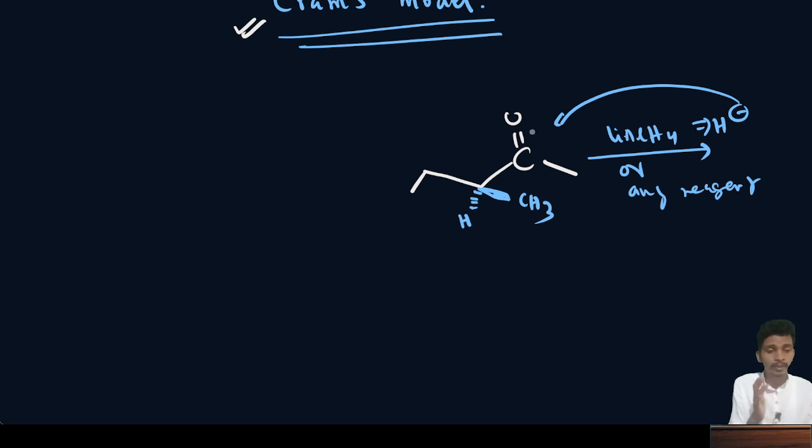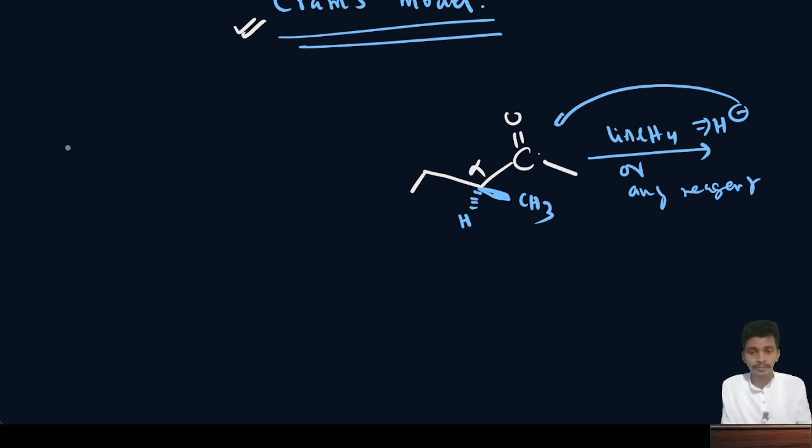Now for Cram's model, what does it say? If these groups are there at the alpha position and stereochemistry is mentioned, and any reagent attacks this carbonyl group, the side from which these reagents attack is given by Cram's model.